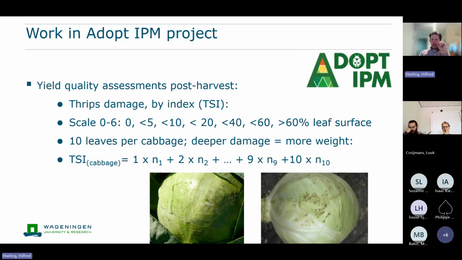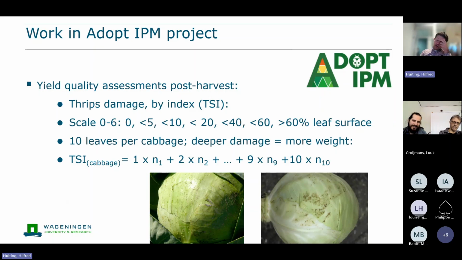So it's really a plant reaction, and it's not a yield quantity issue, it's basically a quality issue, and the market demands visually clean cabbages when sold. So in practice, cabbage growers will peel as many leaves off as needed until they have a clean cabbage left. And of course, that's a kilogram loss, but it's also work.